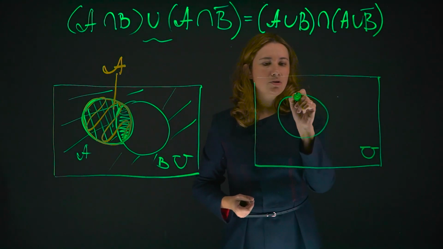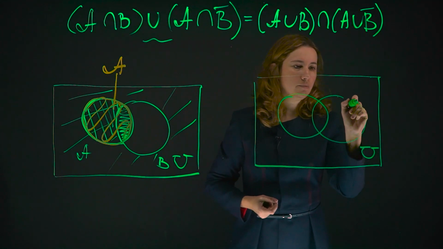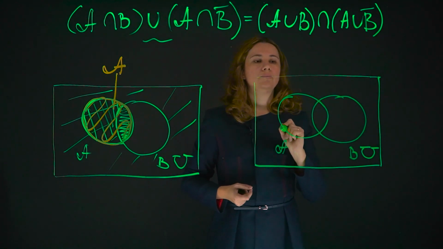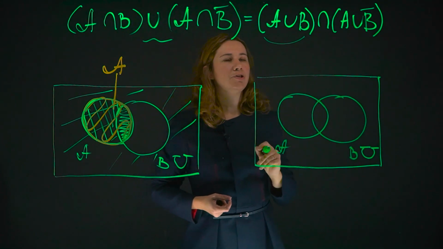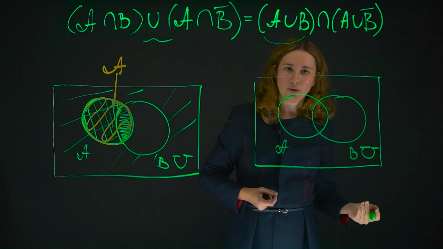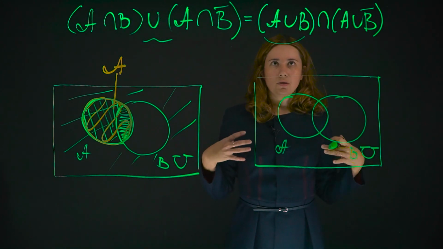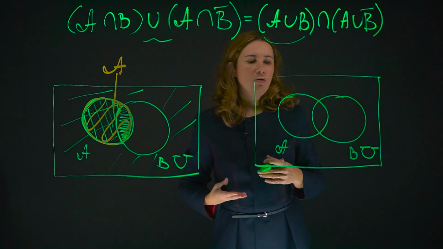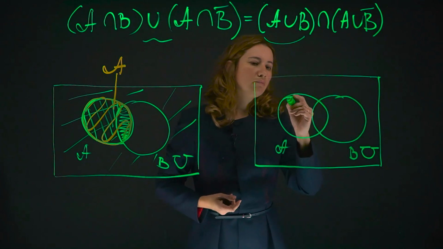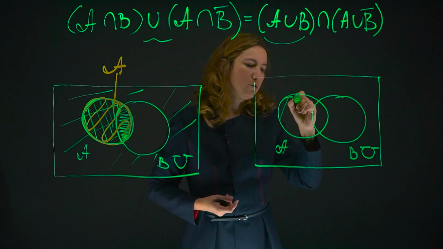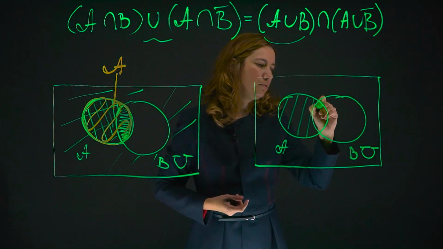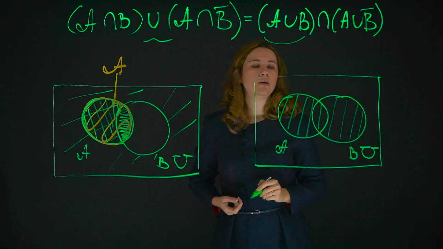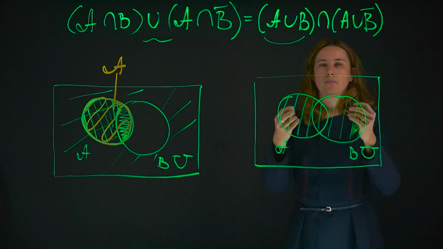Then our two sets, capital A and capital B. And now our first operation is A union B. A union B is a set of elements that are in A or in B. And our region looks like this. This is A union B.